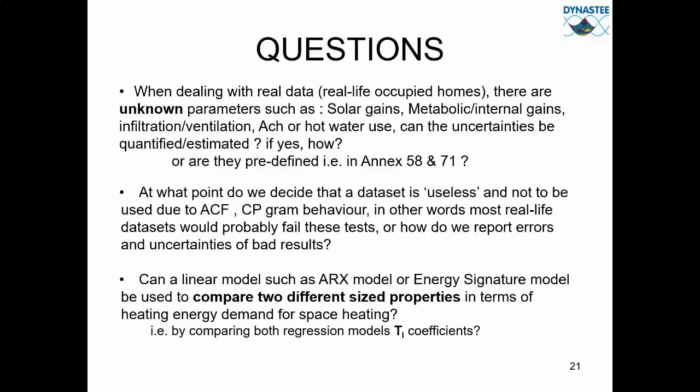The question here is also, what do we do when we do not measure the internal temperature, for example, and thus internal gains? Eventually in this method, these unmeasured heat inputs, if you just have random behavior, can affect the whole thing.